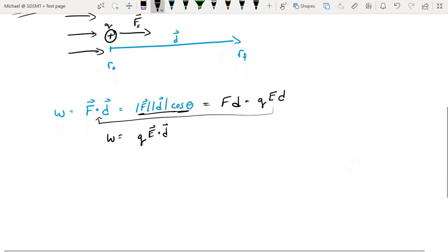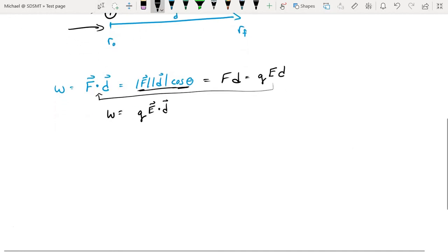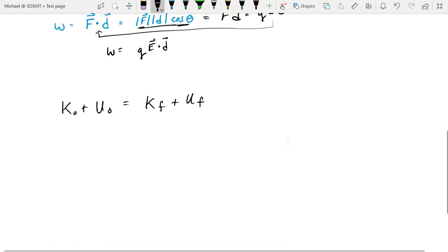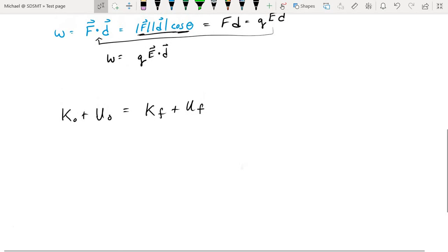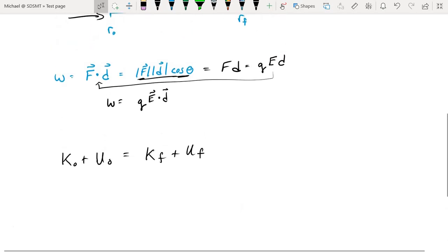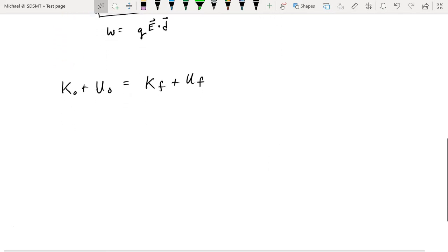Okay, well, potential energy, if we go back to our Physics 1 discussion on energy, we know that any conservation of energy expression says the energy that we start with is the energy that we end with. And we're going to assume in this case that we're not losing any energy due to friction or thermal heat loss.